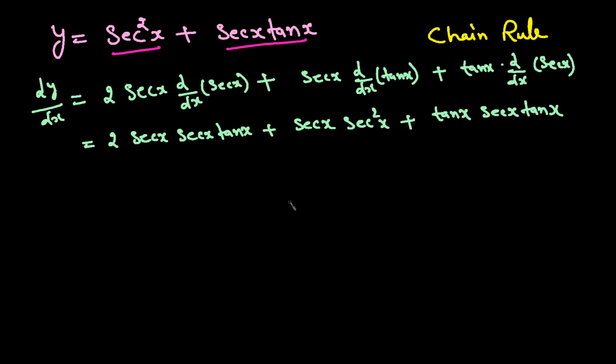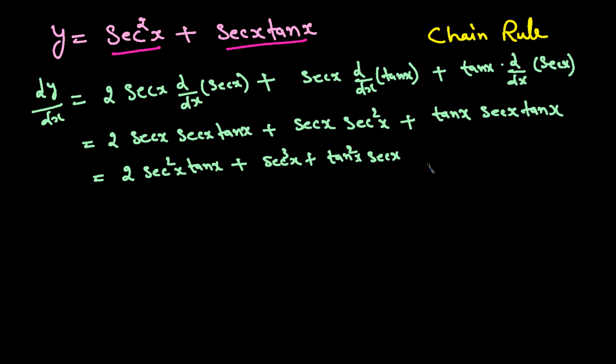Now this is basically the answer, but we want to make it more simplified, right? So let's multiply: secant with secant gives me secant square x tangent x, and we got over here secant cube x, and here we got tangent square x into secant x.